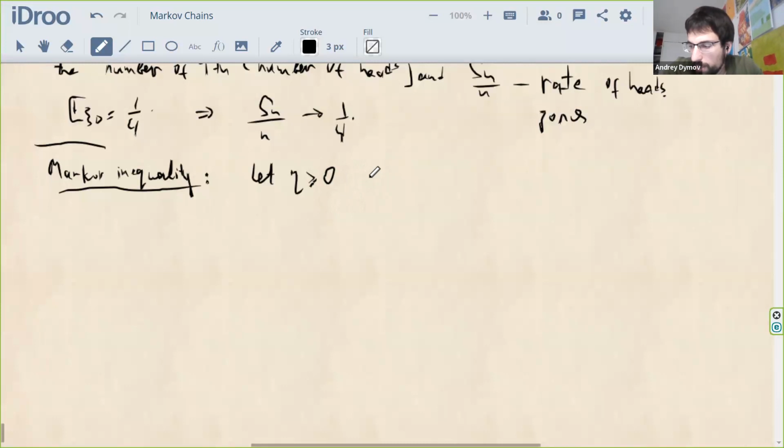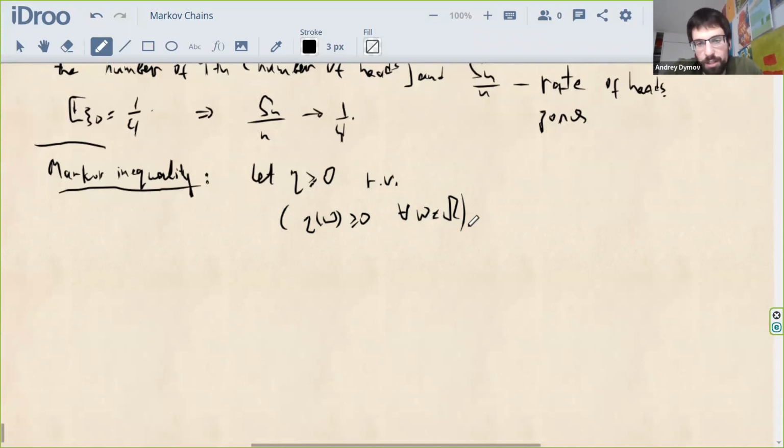Well, let eta be a non-negative random variable, so it means that eta of omega is more than or equal to 0 for any omega. Of course, I should not write here for any omega. I should write here for the set of omegas with probability 1.